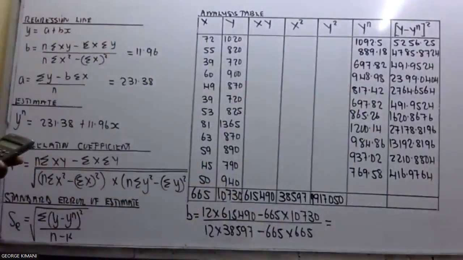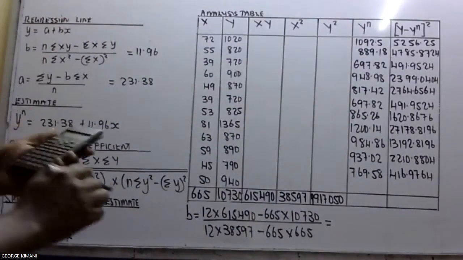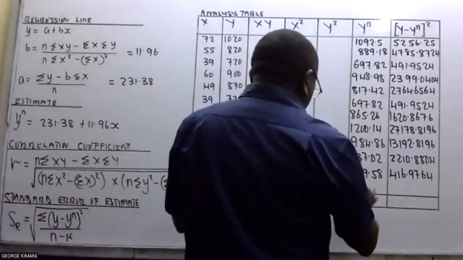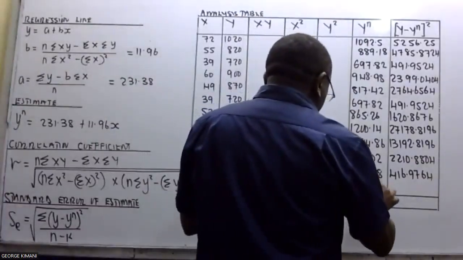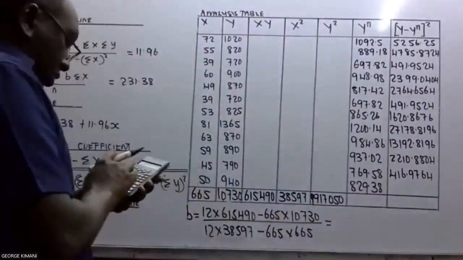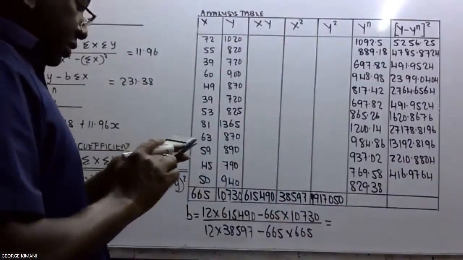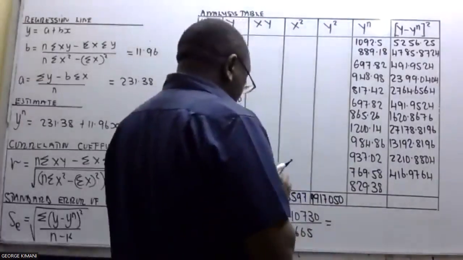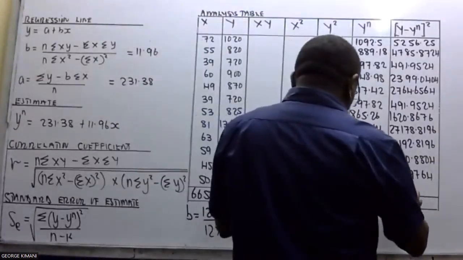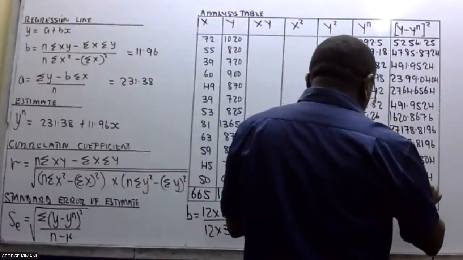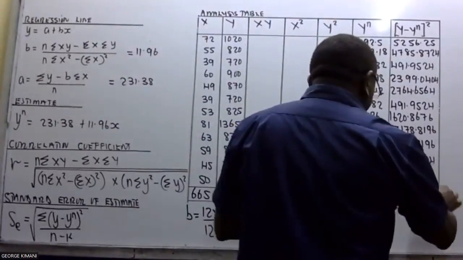Then 231.38 plus 11.96 times 50 equals 829.38. So 940 minus the answer, squared, is 12,236.7844.